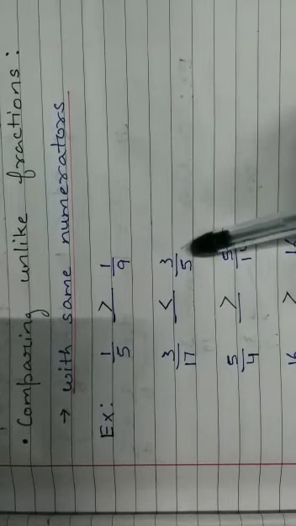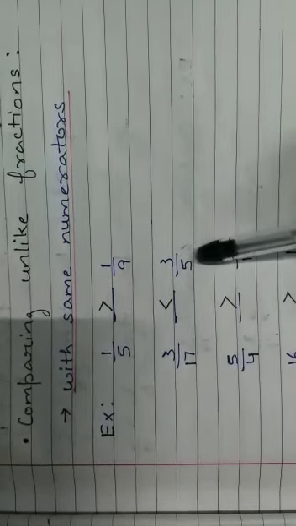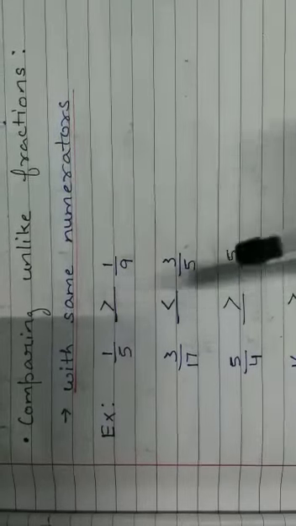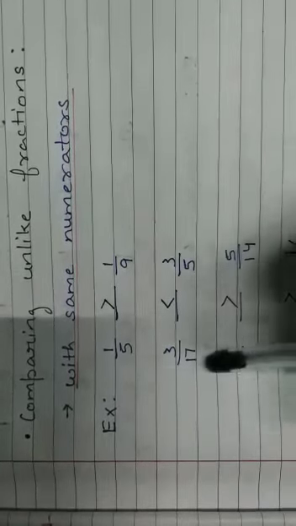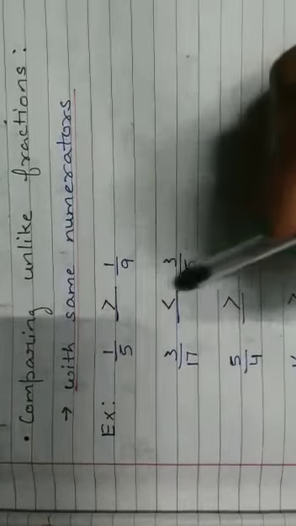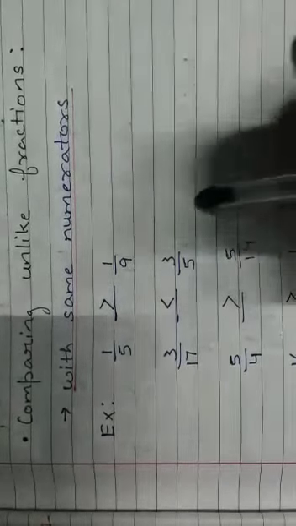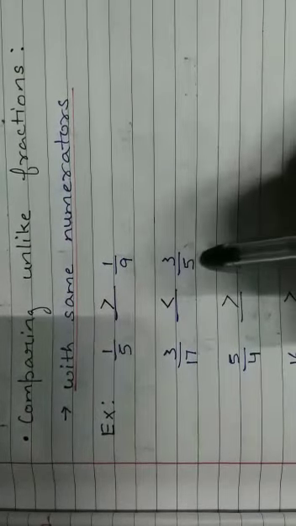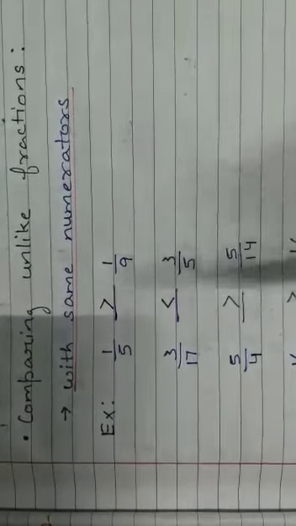In the second case, we have 3 upon 17 and 3 upon 5. As I told you, we have to observe the denominator only if the numerators are the same. Okay. So here, because 5 is less than 17, which will be bigger? This 3 upon 5 will be bigger, because the fraction with the smaller denominator will be bigger. Okay.